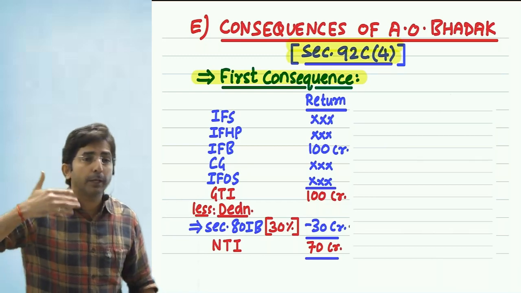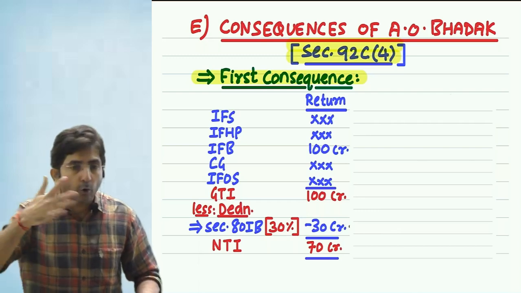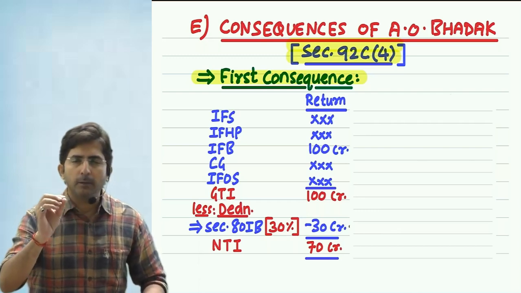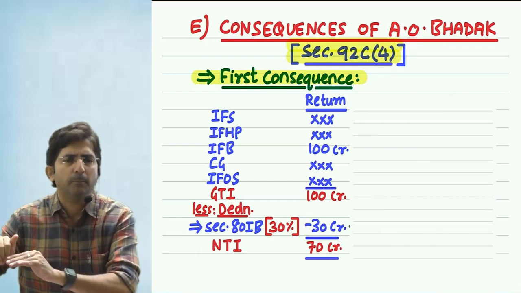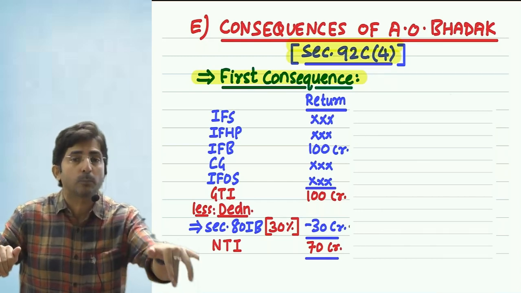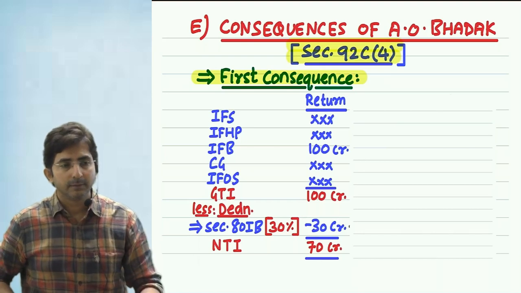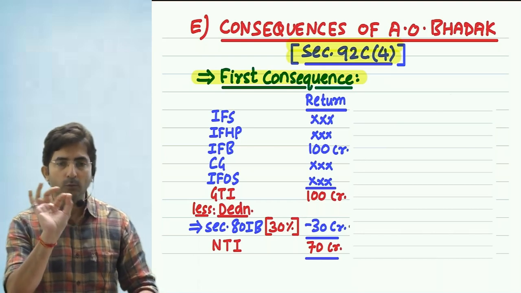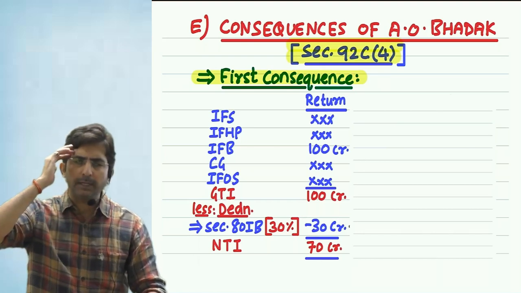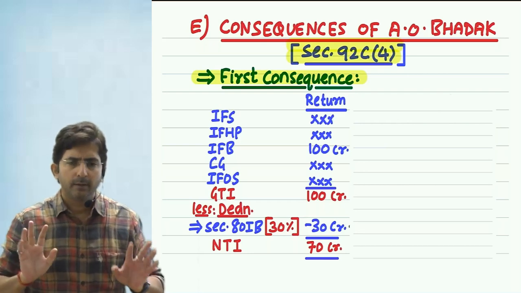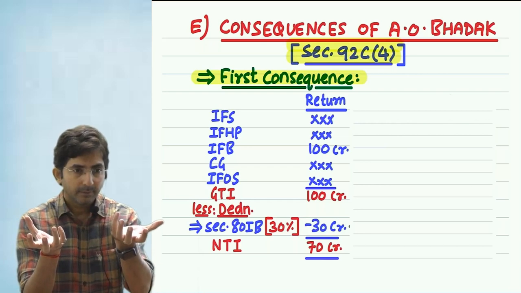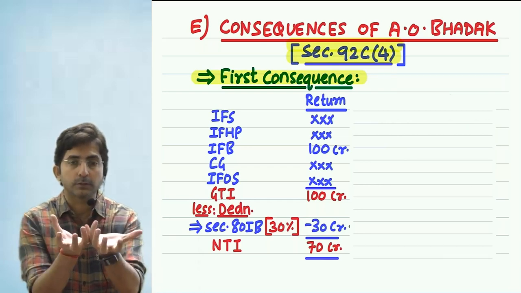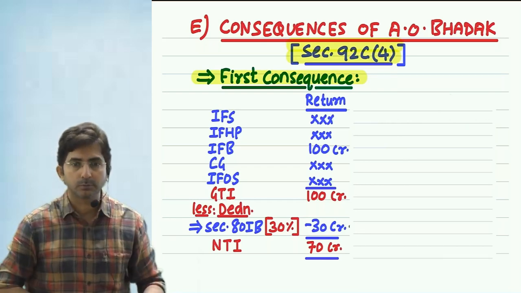So let's assume the AO computed ALP, and according to the AO, the ALP, whatever it is, he compared it with the actual price. I am not telling you exactly what the ALP was. Whatever ALP the AO computed, he compared that ALP with the actual price, and the difference was, say, 40 crores.